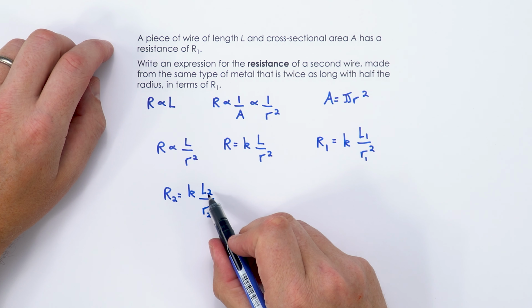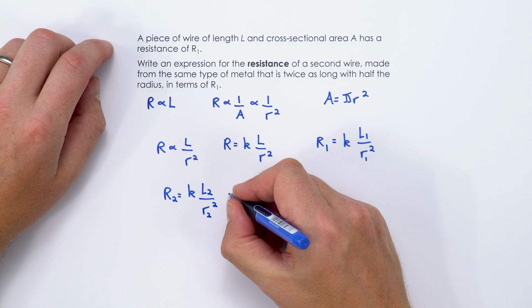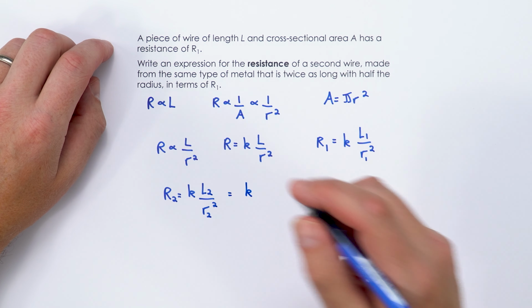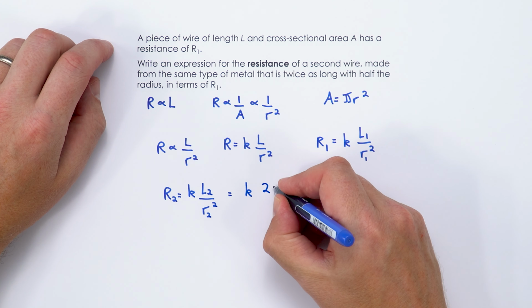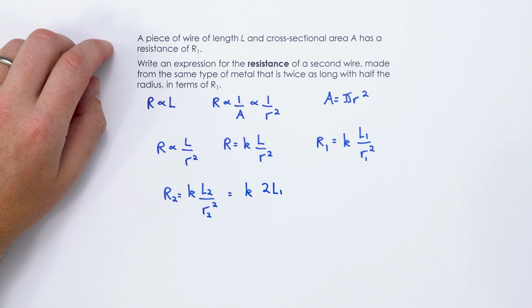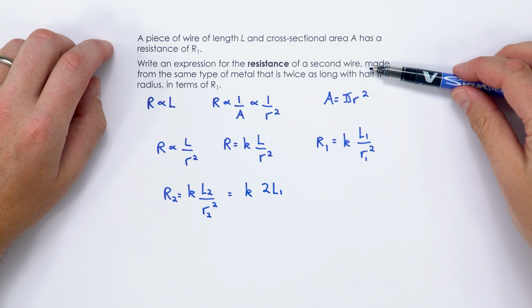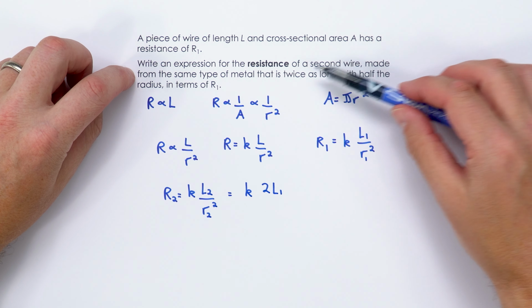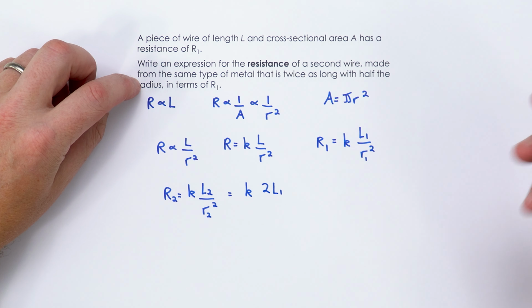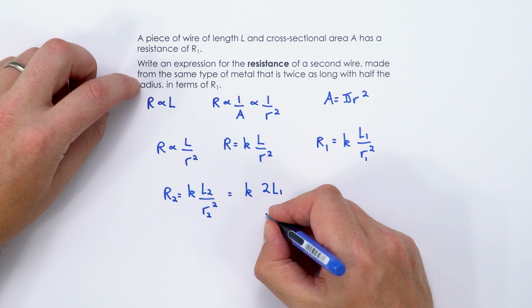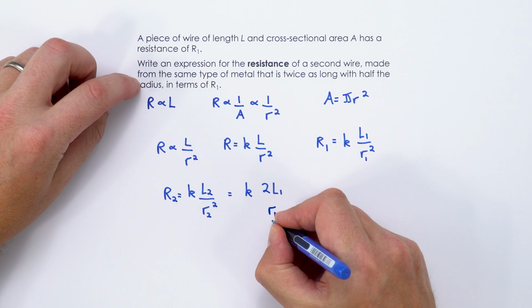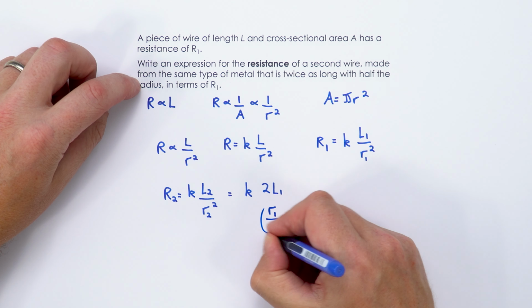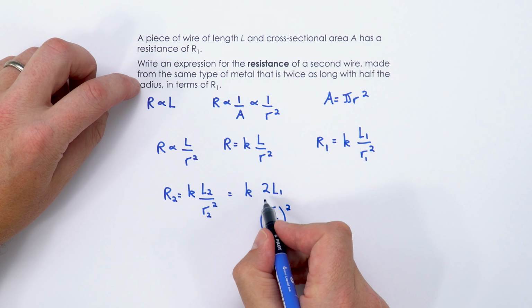But of course we can write L2 in terms of L1, because now that wire is going to be twice as long. So L2 is going to be 2 times L1. But it also says here that it's got half the radius. So now the radius r2 is going to be equal to the radius r1 divided by 2. And of course that's all squared.